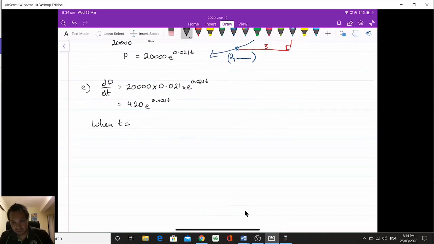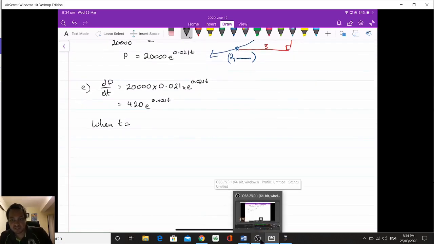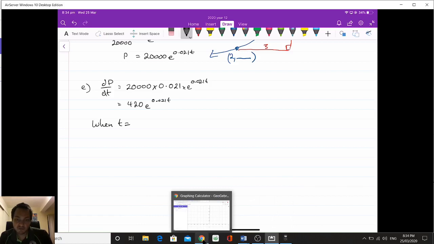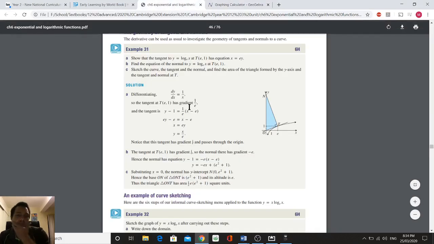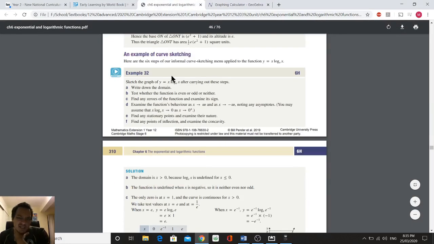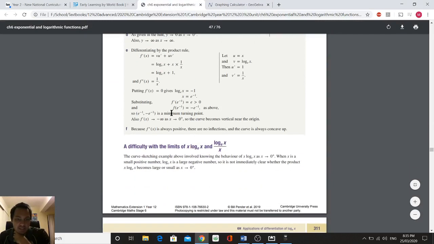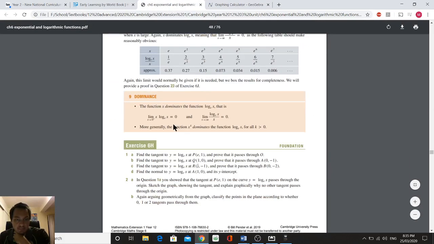The final thing, I feel like I've been talking for so much of the session, but the final thing I wanted to talk about was in your book. Let me find it. It starts to talk about dominance. The dominance of our function of x ln x, or the dominance for our function of ln x over x.